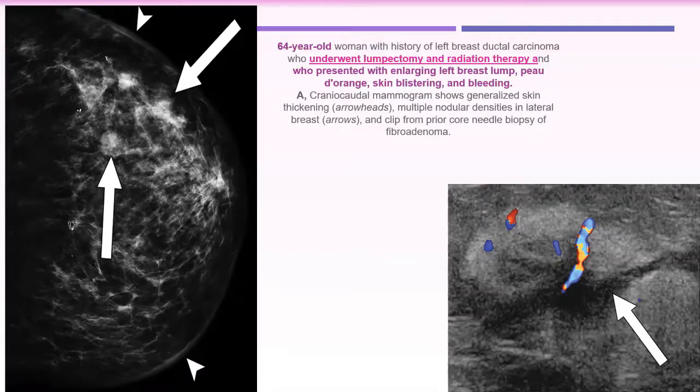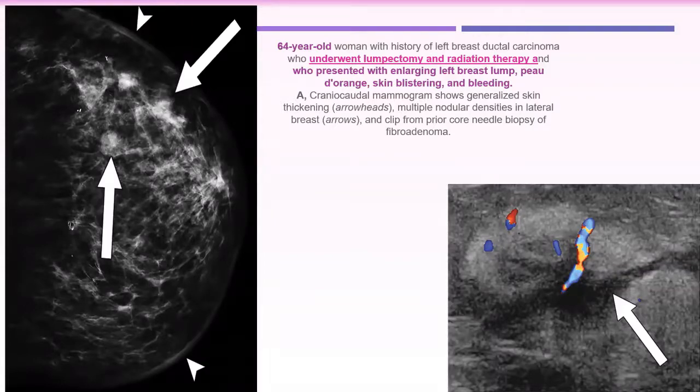This is very important, especially when they mention radiation therapy for a long time, usually 10 years or more, and the patient presents at the site of lumpectomy or wide local excision or the mastectomy with a lump. We have to think about rare lesions like sarcomas, post-radiation sarcoma. And for post-radiation sarcoma, the commonest is angiosarcoma.